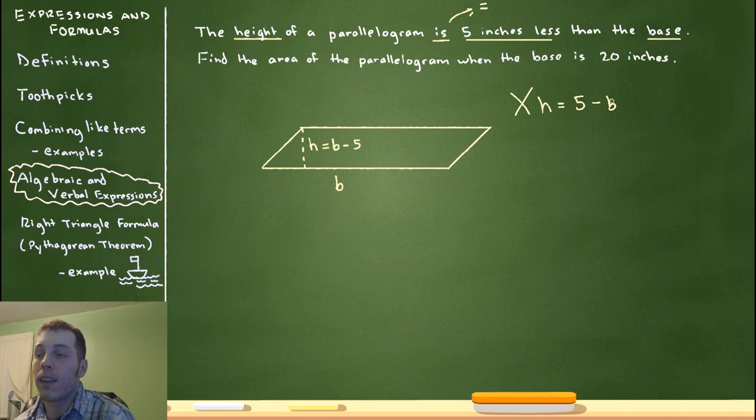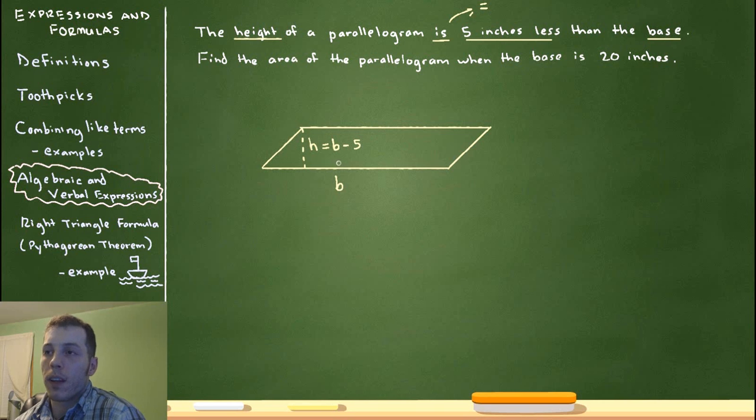If we read 5 less than the base, we have to think about how the order is going to be, because subtraction is not commutative, unlike addition or multiplication. So we don't want to make this mistake, so be careful of that. Think carefully before you write down your formula. Okay, now we have h is 5 less than the base. It looks like we have all the important information translated.